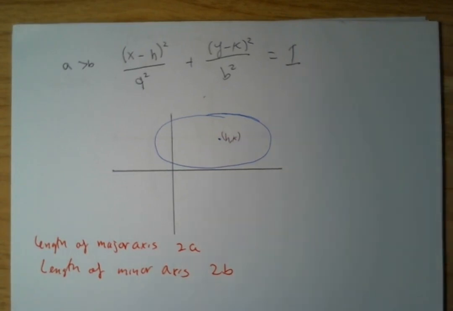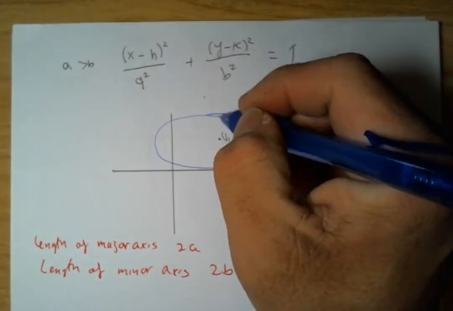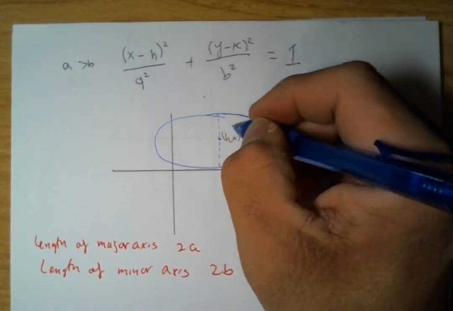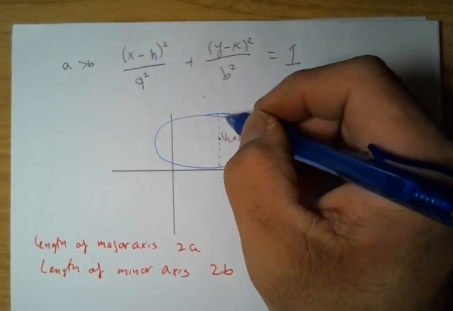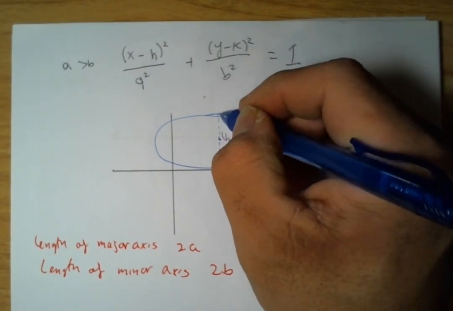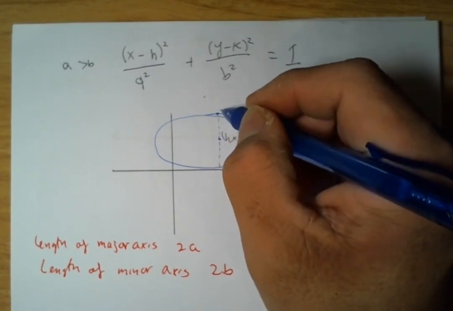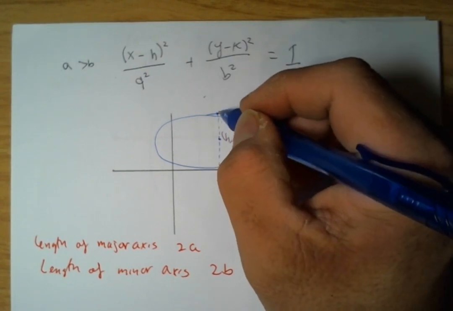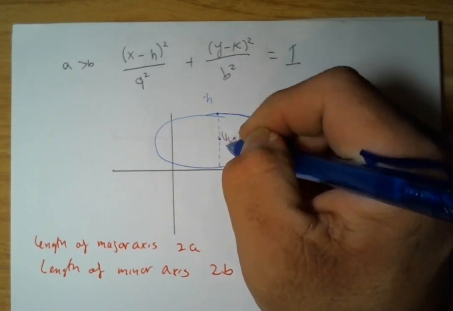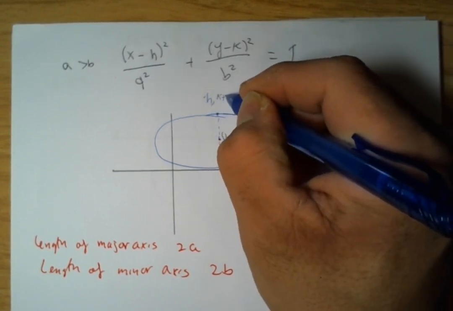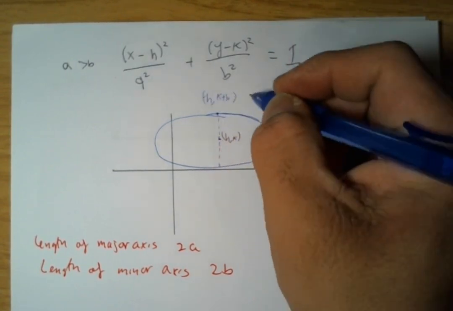Now in this case, the minor axis would be the vertical, and each one of these distances is still b from the center. So this point here, the co-vertex, this one would be (h, k plus b), same x value, but now the y value would be k plus whatever that value b is.